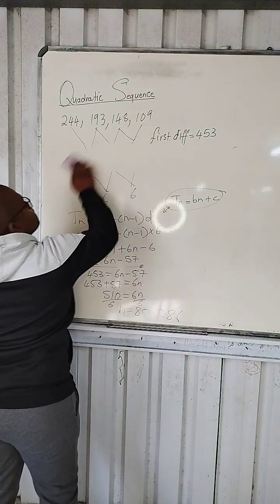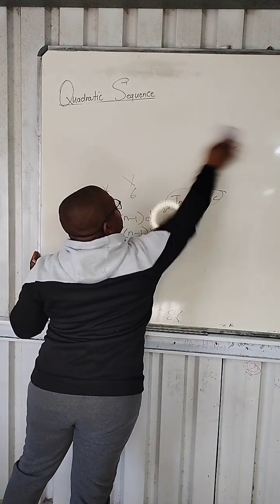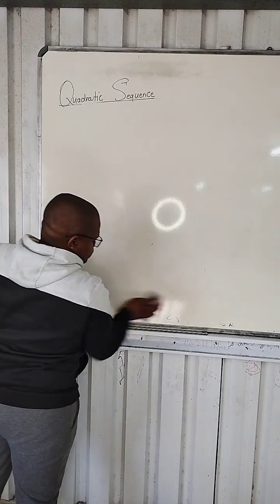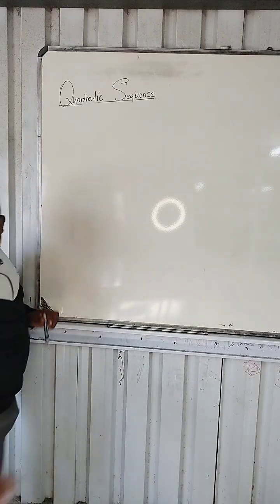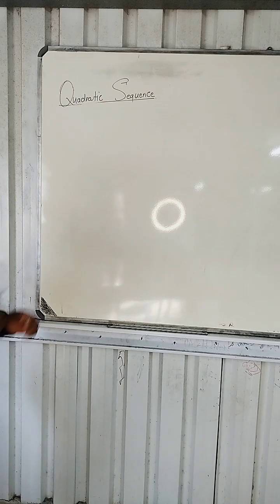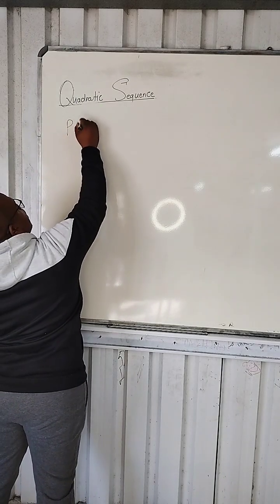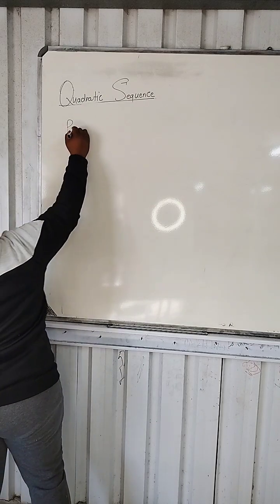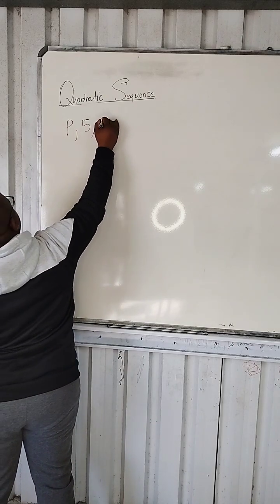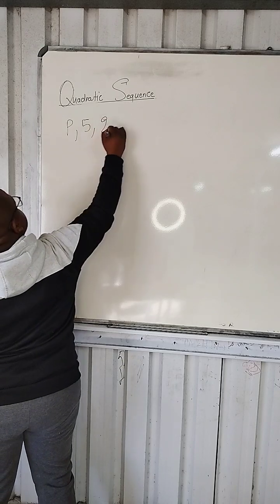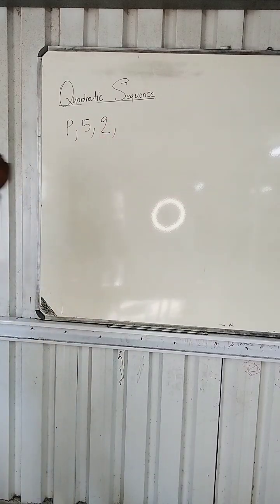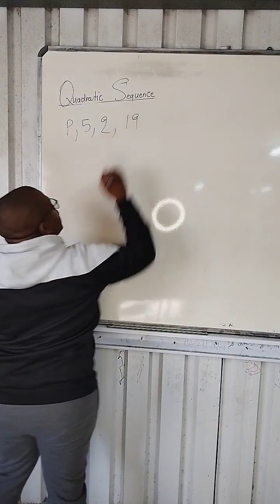Now, come with me. This is the last question on our quadratic sequence. Now let's say I'm having P, 5, Q, 19.